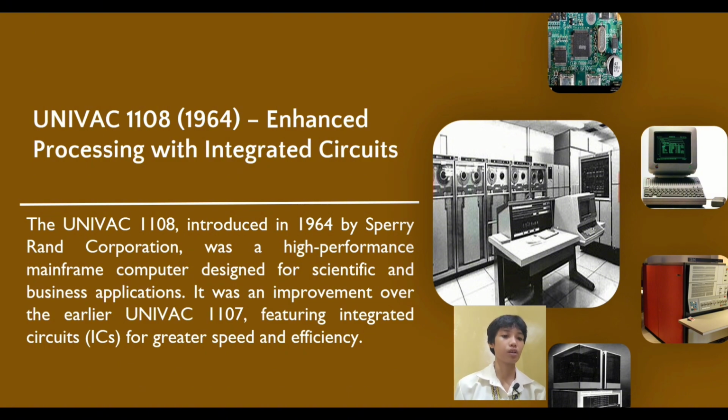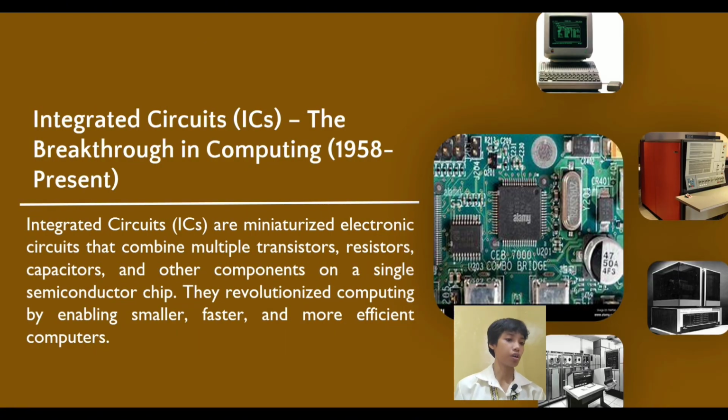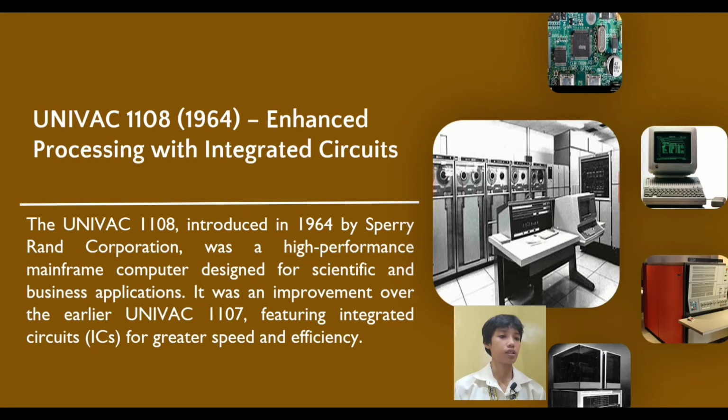It was an improvement over the earlier UNIVAC 1107, featuring integrated circuits for greater speed and efficiency. So in this part, we can already see that the computer really is evolving during this time. Inventors are improving, keep on inventing computers back then.